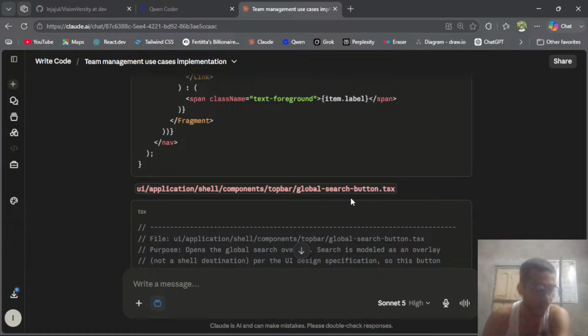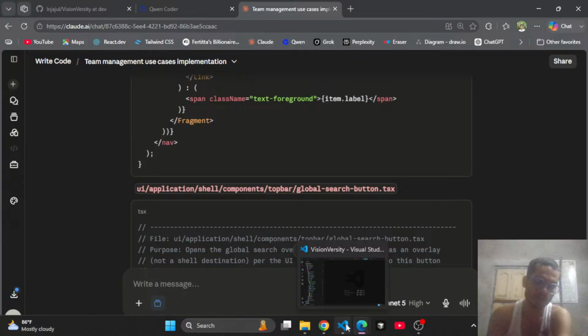Well, basically, I'm building a SaaS platform powered by AI. I think in the first session I discussed what the mental model of my product is.